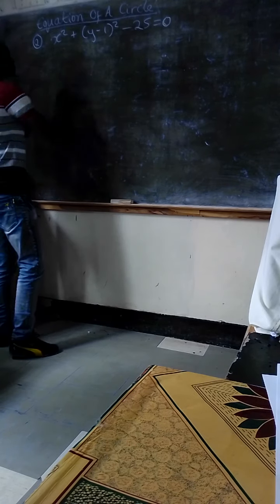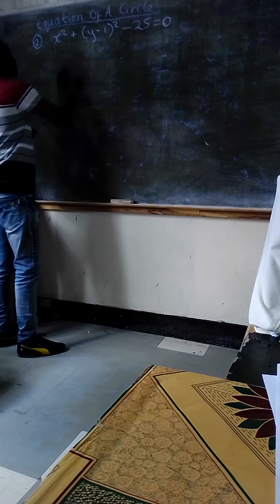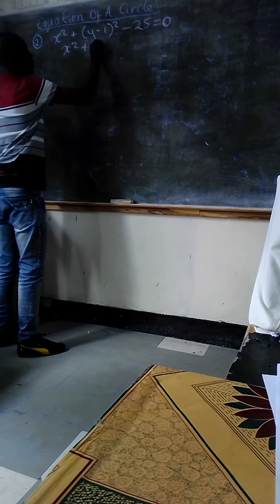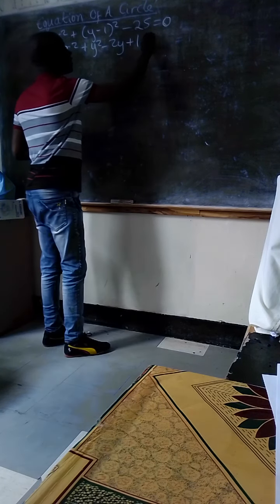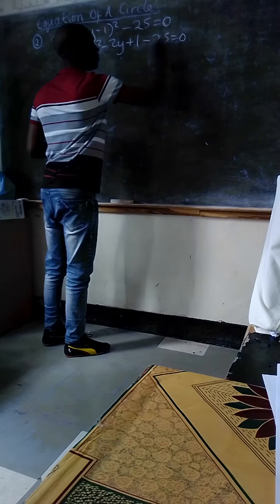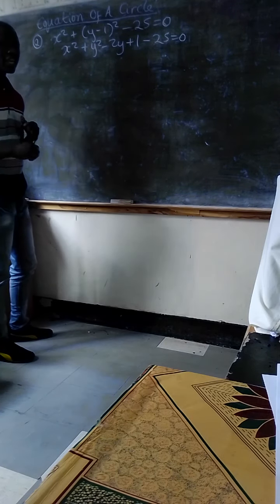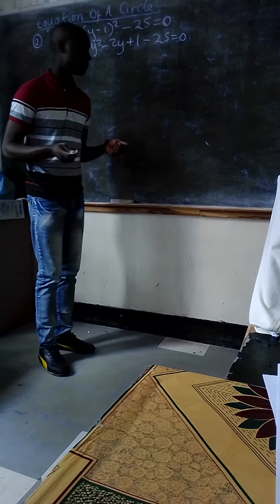We will say the expansion of (y minus 1) squared. So we get x squared plus y squared minus 2y plus 1 minus 25 is equal to 0. In this expression, we see that x is not present. So what does it mean?